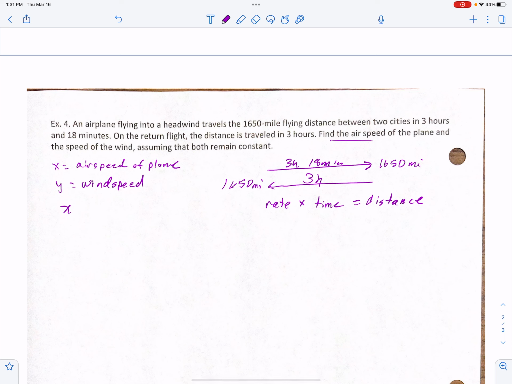If you have the airspeed of the plane, but it's flying into the wind, it has a headwind, and that's what happens on the way there because it takes longer. You subtract the wind speed because it's going against it, and that's the rate with a headwind. If I have x plus y, that is your rate with a tailwind.